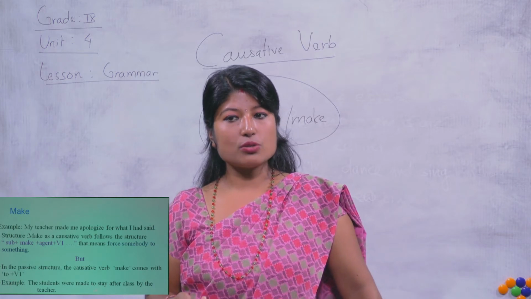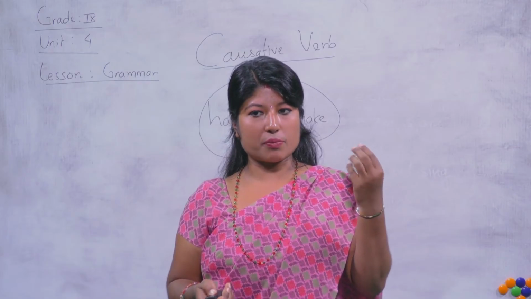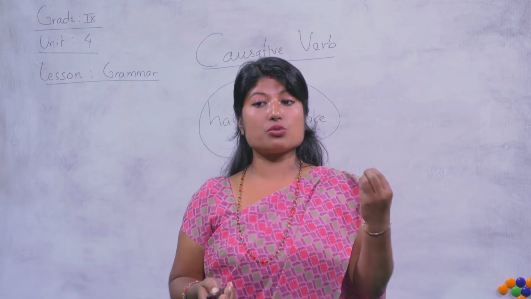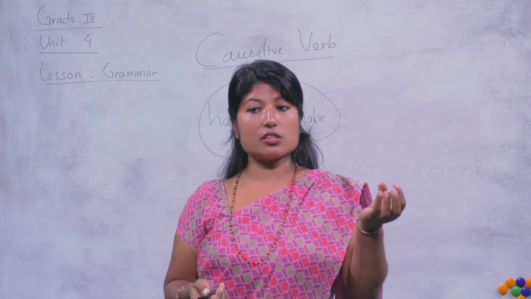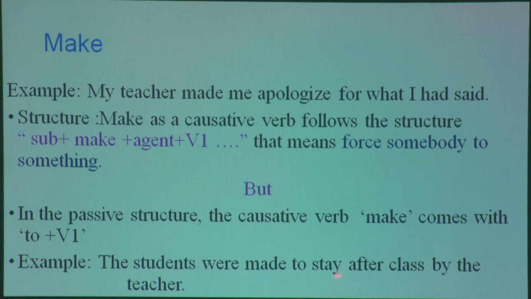So we have to read the situation properly, whether to use to with the verb or not, or sometimes you have to use verb 3 as well. So we have to know those situations beforehand.